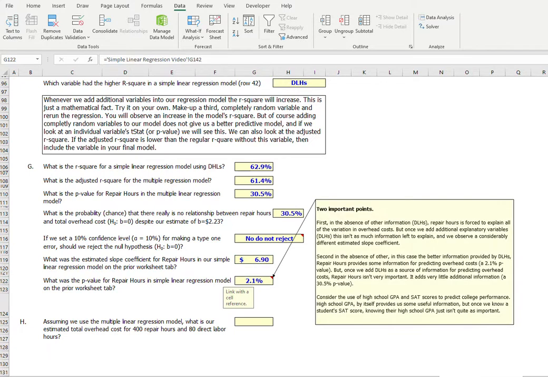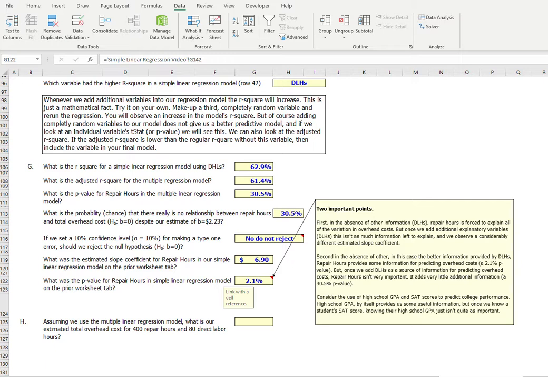This brings up two important points or observations. First, in the absence of other information, repair hours is forced to explain all of the variation in overhead costs. So again, in the absence of the new information about direct labor hours, we had to try to use repair hours to explain all the variation in overhead costs.